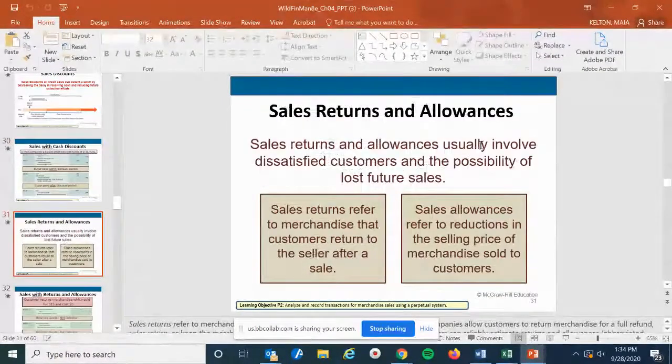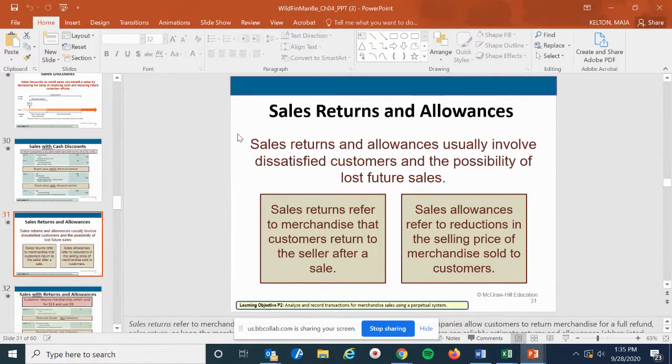If sales returns happen and allowances are offered, sales will go down as well. Again, sales returns, sales allowances, and sales discounts reduce the amount of sales that the company reports during the reporting period.